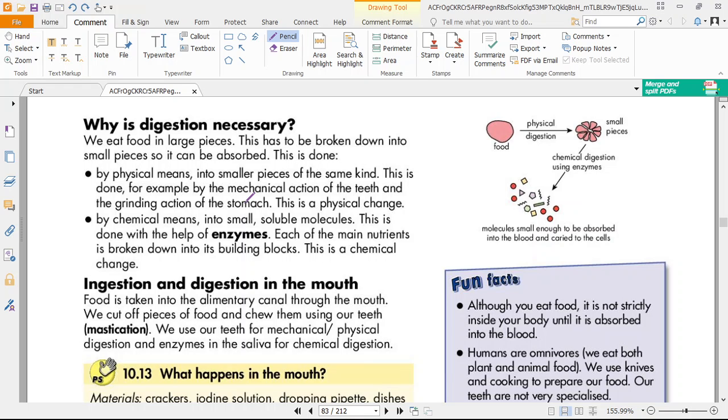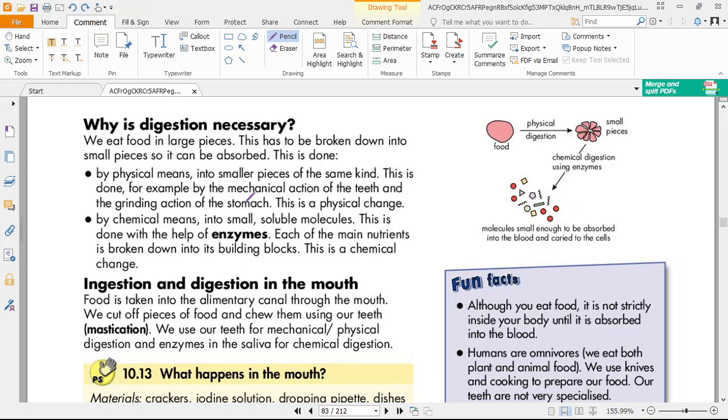It alters how fast or slow a reaction goes. That's what a catalyst does. And enzymes are biological catalysts, meaning they are found in the body.